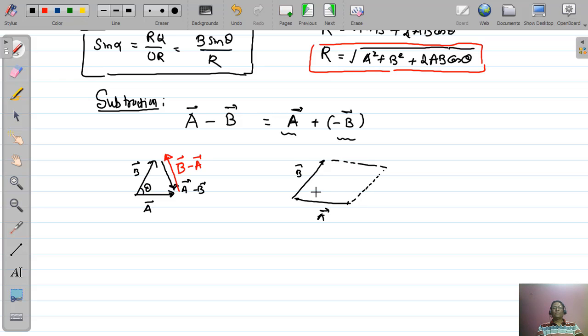From the same point, if we draw a diagonal, we have already told that this is equal to vector A plus vector B. And the role of the other diagonal, if we draw this vector, will give A minus B, because both vectors are drawn from the same point and the head of the resultant is towards A, so we see that this is A minus B. But if we take the head in this way, then this vector is called vector B minus vector A. In this way, we can subtract the vectors.